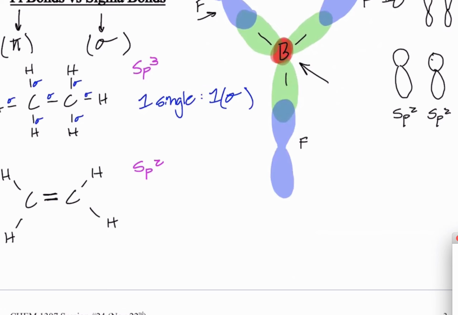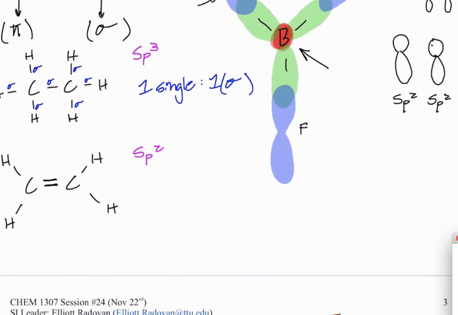That's when we start to talk about pi bonds. From a valence bond orbital perspective, it's going to look something like this. You have each of those sp2 hybridized orbitals, which looks something like this.